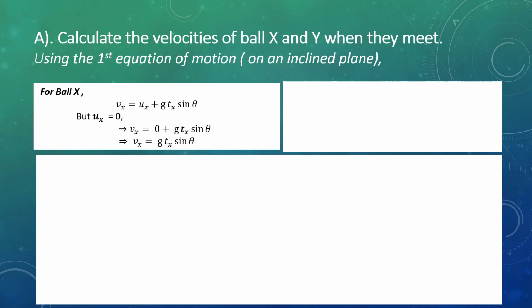Very good. Now for ball Y. Here Vy is equal to Uy minus g Ty sine theta. Why is it minus here?